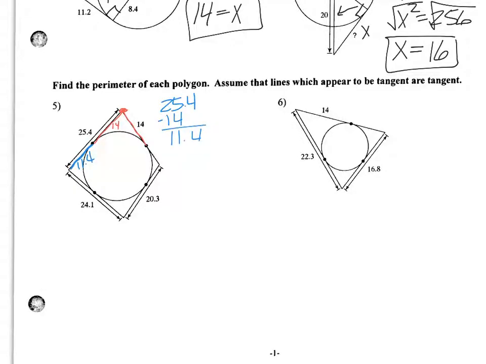Now, the reason that's important is because that tells me how long that is, which would also be 11.4. Now, why do I need that? In order to find this segment. So then I do 24.1 minus 11.4. And if I do that, use the calculator here, I get 12.7.